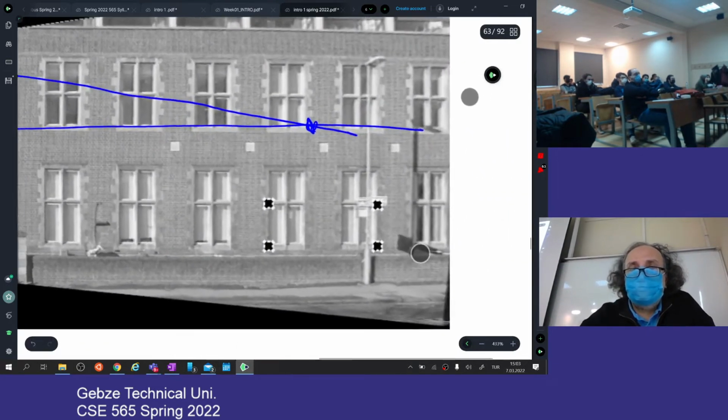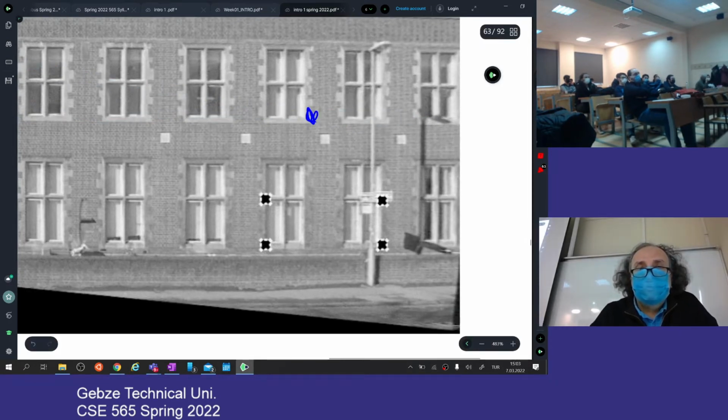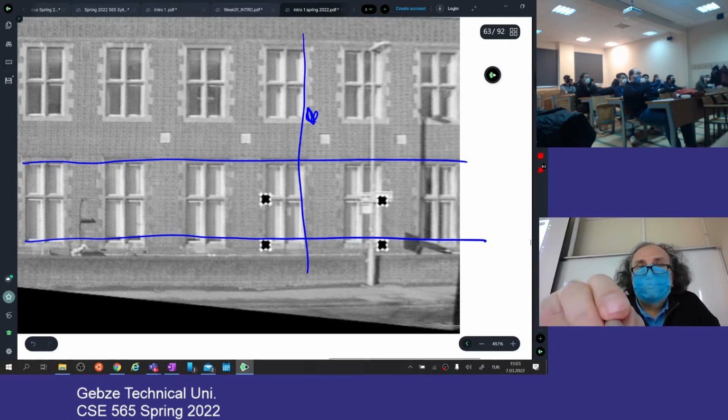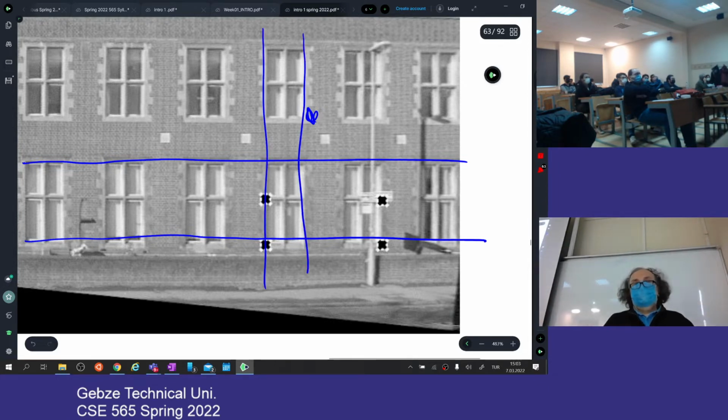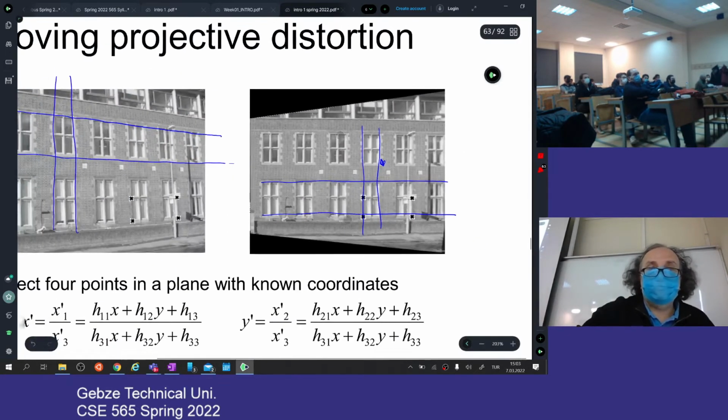In this case, let me get rid of this one. So all the parallel lines seem like parallel, right? And all these are parallel too. Okay? How can I get an image like that out of an image like this?